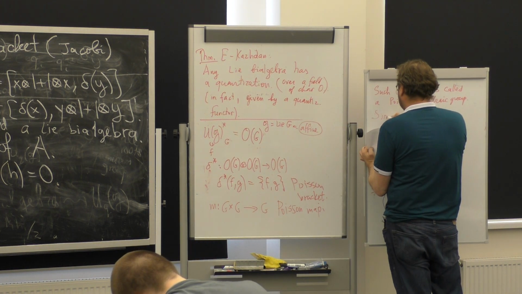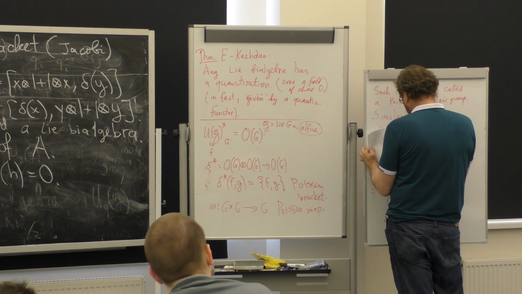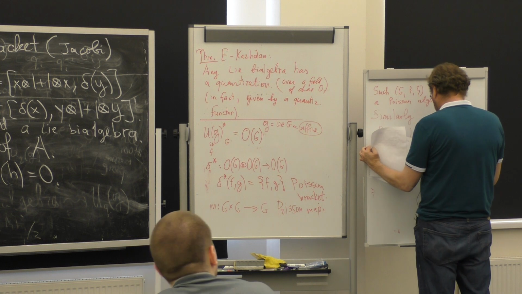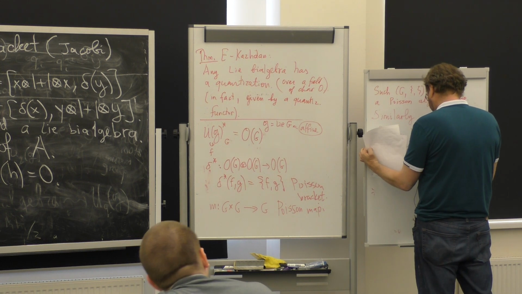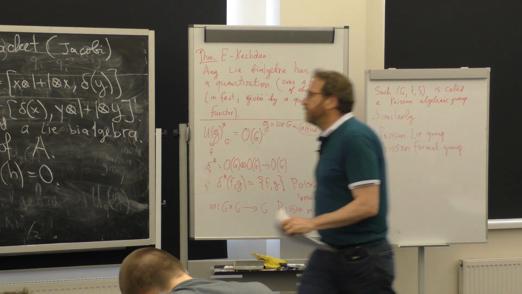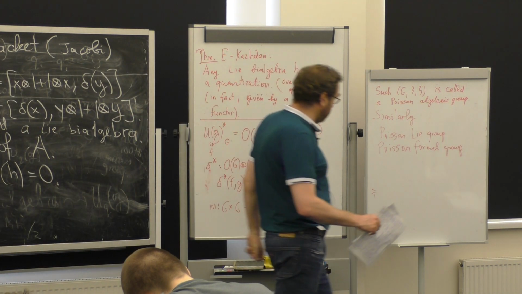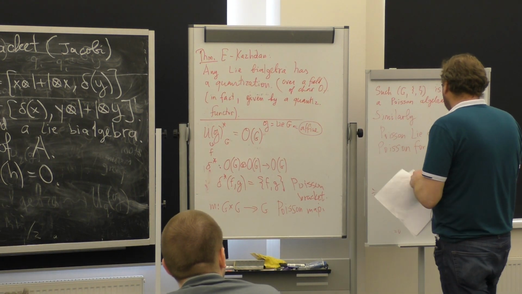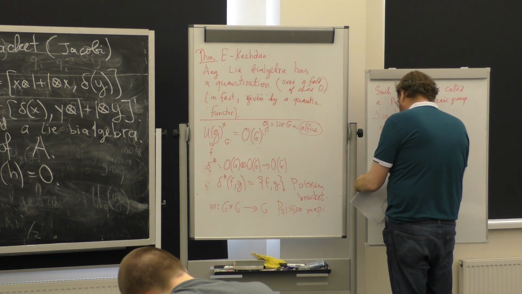And in a similar way, you can define a Poisson Lie group, a Poisson formal group. A Poisson formal group will be obtained if we take the full dual instead of just this G part of the dual. A Poisson Lie group just means that you have a Lie group with a Poisson bracket such that multiplication is a Poisson map.